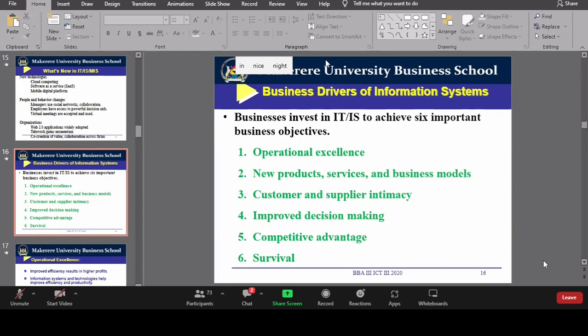Survival. Who can explain what survival is in regards to the business objectives aided by IT and IS? Stella, go for it. For you to survive in the market, you have to move with the existing trend or the changing trend.